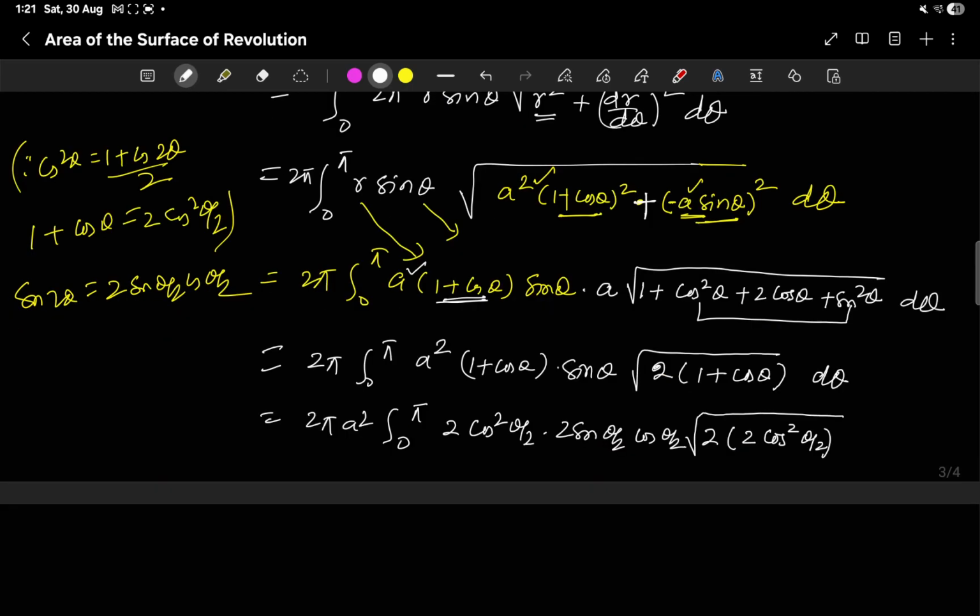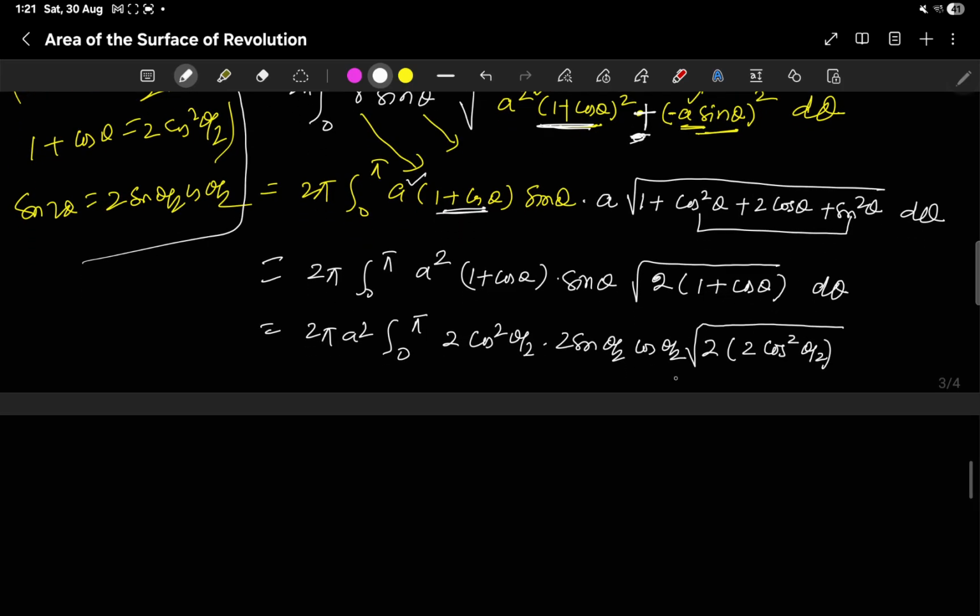Actually this was the plus, so accordingly I just open it, a plus b whole squared. Now sin squared theta plus cos squared theta is 1, so it will give you this. Now if you multiply it, it is 2 into 2 into one more 2, it will be 16 pi squared, integral 0 to 2 pi, cos to the power 4 theta by 2, into sin theta by 2, d theta.